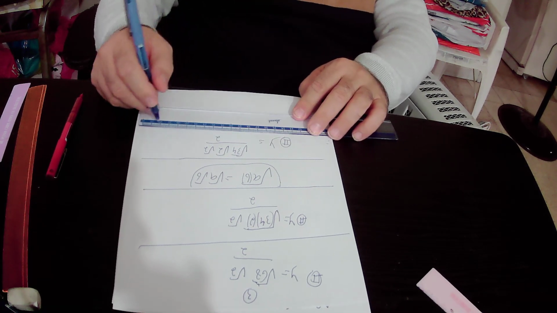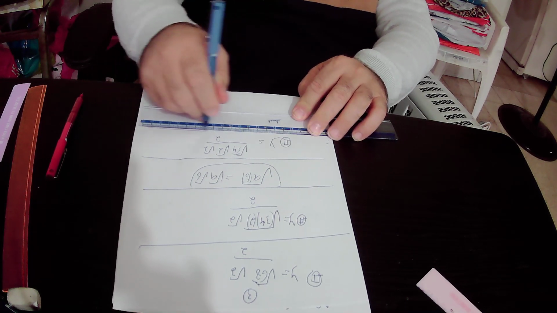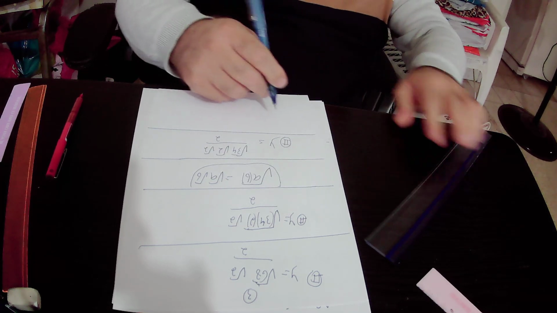We know that square root of 2 times square root of 2 equals 2, so we will write it down.